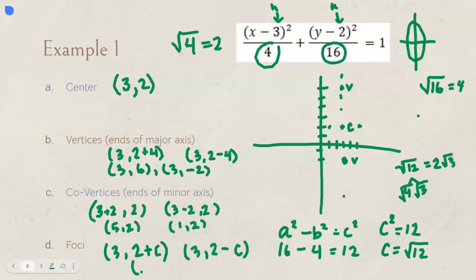So that means that our foci are at (3, 2 plus 2 root 3) and (3, 2 minus 2 root 3).